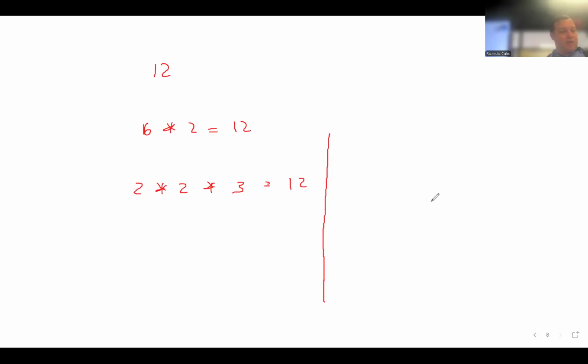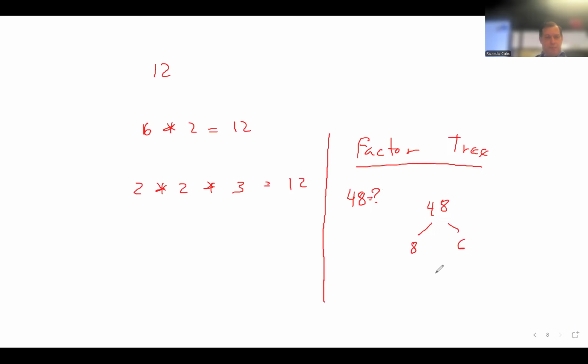So let's just do one last thing called a factor tree, just to drive this point. Let's say now you want the prime factors of 48. You could do 48, and that's 8 times 6.